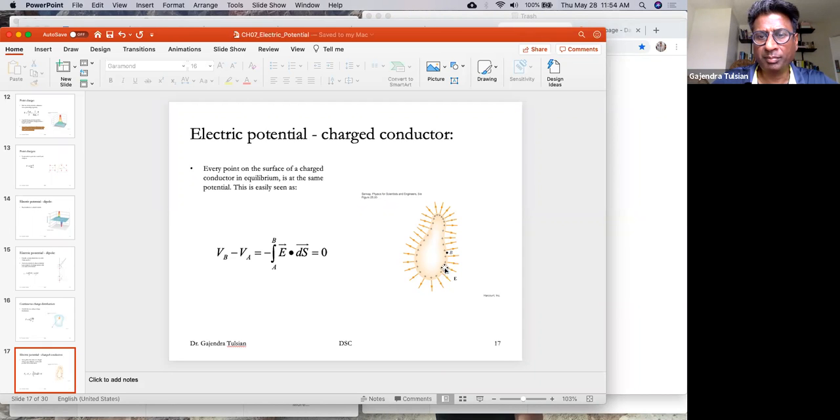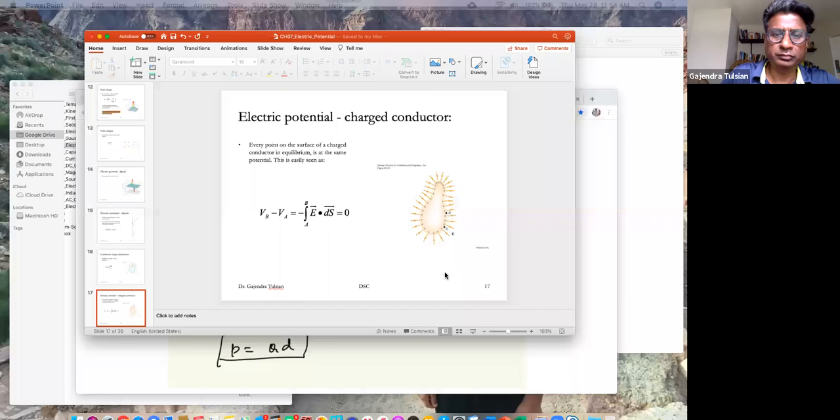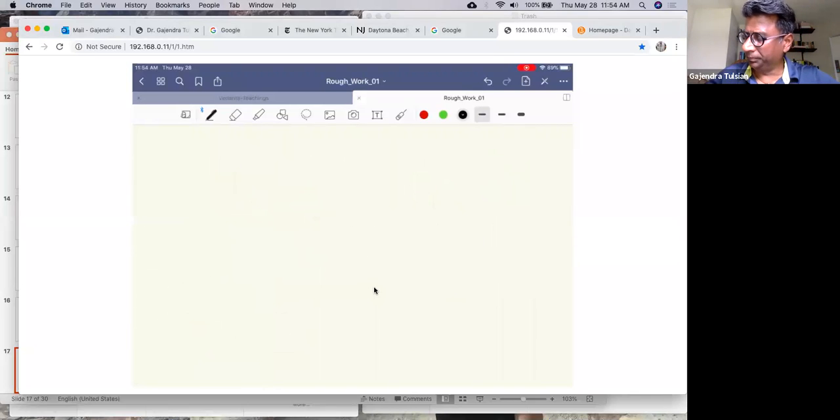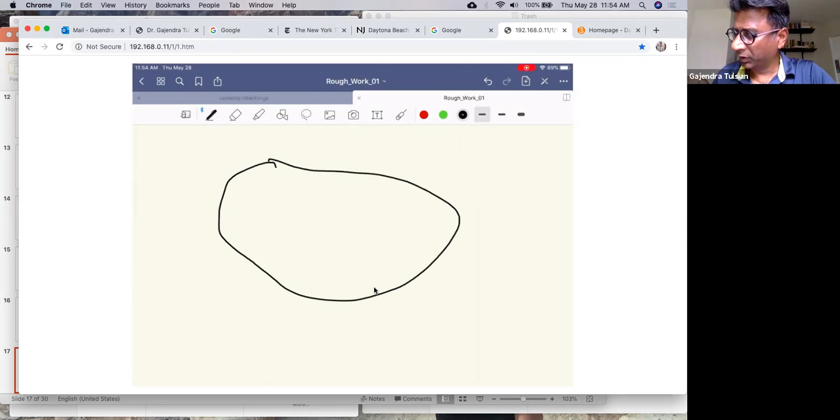So if you go along a path on the surface, E dot ds will come out to be 0, because here is the surface of a conductor. If the ds is like that and the electric field is like that, E dot ds is 0.